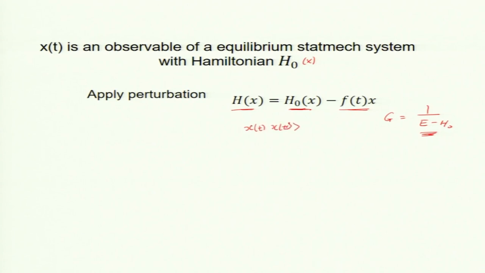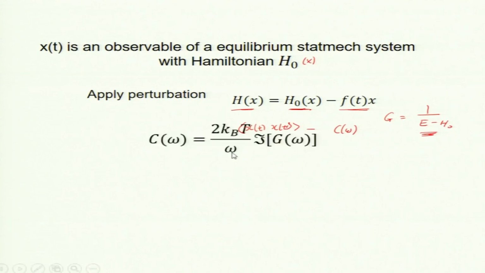So, x(t) x(t prime) is a correlation function, and its Fourier transform will be C of omega. There is no wave number here; x is a function of time, so its Fourier transform will be in omega.